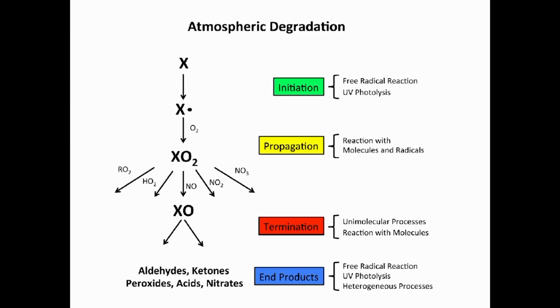It's a termination reaction. So this is a propagation reaction. So if you've got lots of NOx, you have lots and lots of reactions of HO2. So the propagation, the chain length, is the chain length longer or shorter with high NOx?